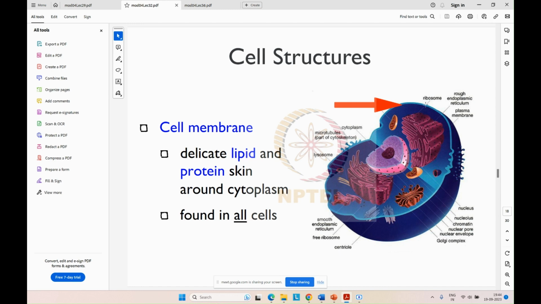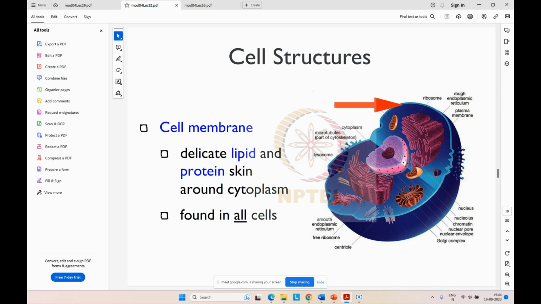The cell is encapsulated inside the cell membrane, which in the case of animal cells is the first barrier the cell encounters. Now, I had talked about the cell wall in the case of bacteria.